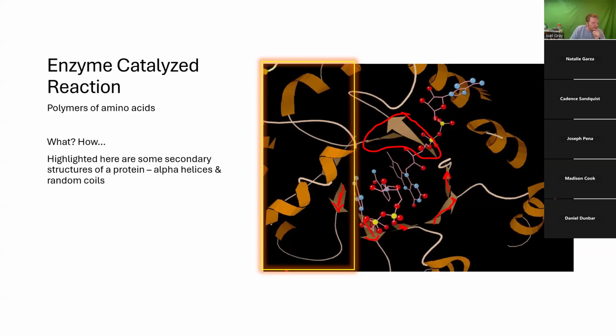All right, great. Now, when we talk about enzyme catalyzed reactions, I want you to understand that this right here is made up of amino acids. So what are the chances that there's, say, an arginine there? Give me an R in the chat if it's possible.